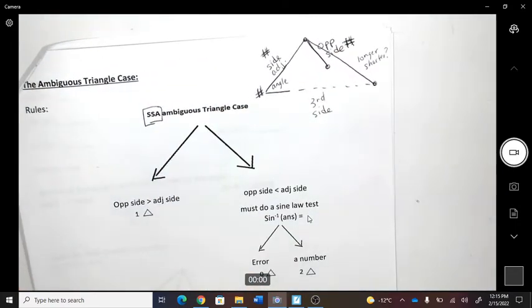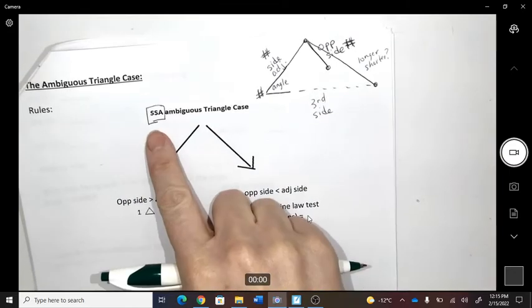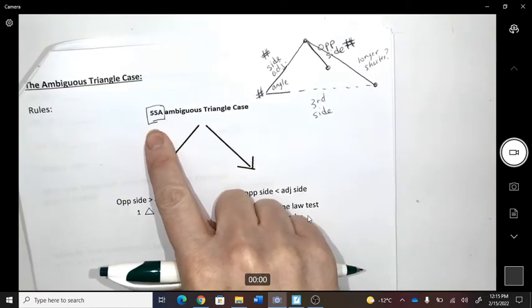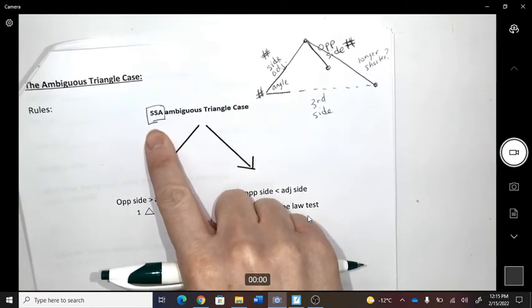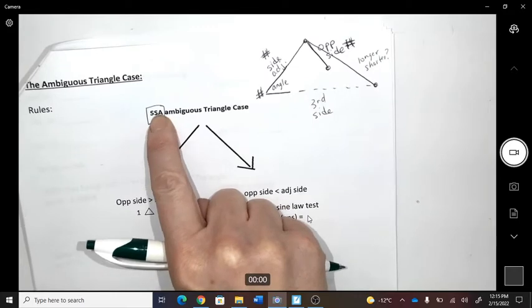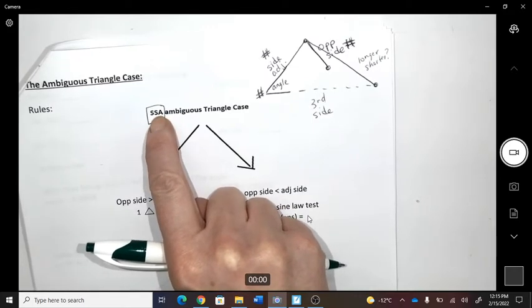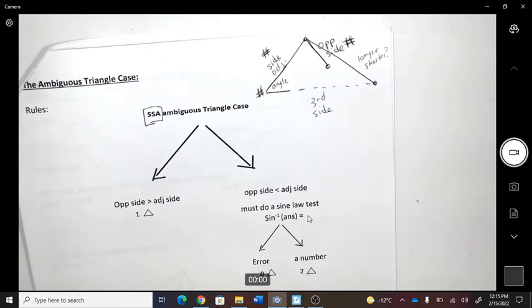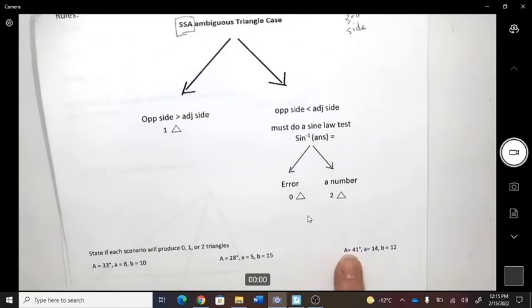So the SA situation can cause this to happen. Do you see it's different than SAS? I know it's using the same letters, but this is different than SAS because the angle is not on the inside of the sides, right? Okay, ready?